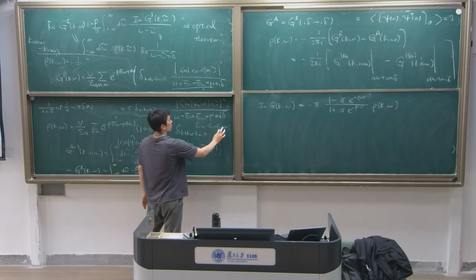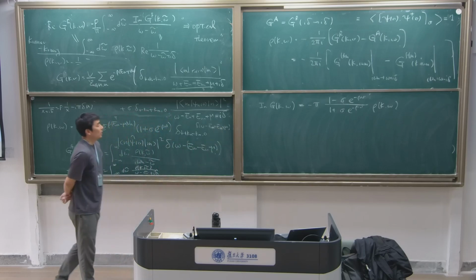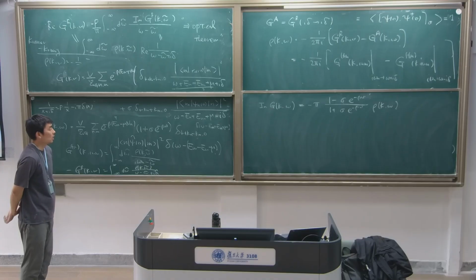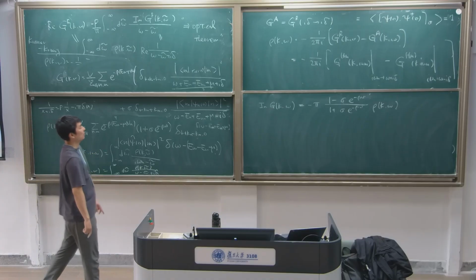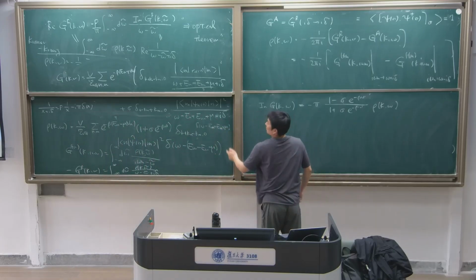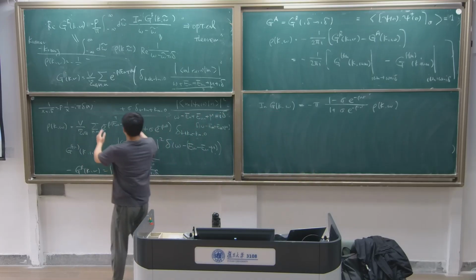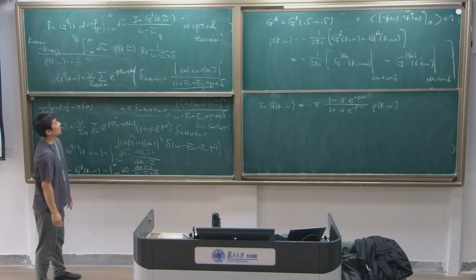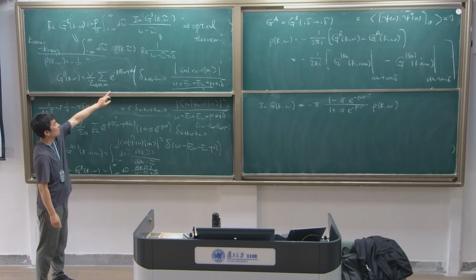So this delta function becomes m like this one, and apply the omega into this value. So this part, e to the n minus mu, becomes what I'm saying.